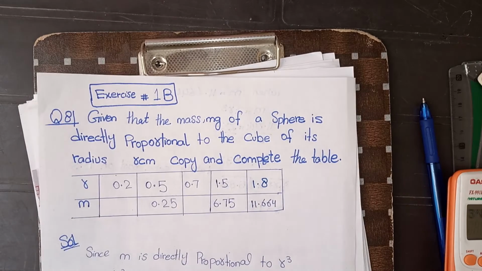Now we have to find the value of m. That's why we are taking the value of r, like r is equal to 0.2.